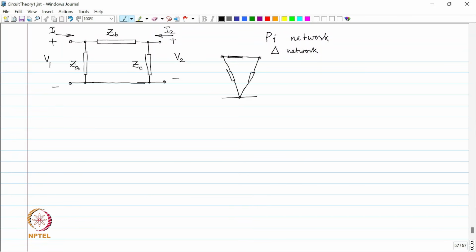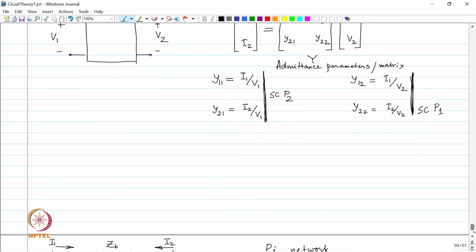All right. So, we are going to find the y parameters of this 2 port network, and to find the y parameters we have to do 2 experiments. What are the 2 experiments? The first experiment is we are going to short circuit port 2 and apply V 1 at port 1 and measure I 1 and I 2.